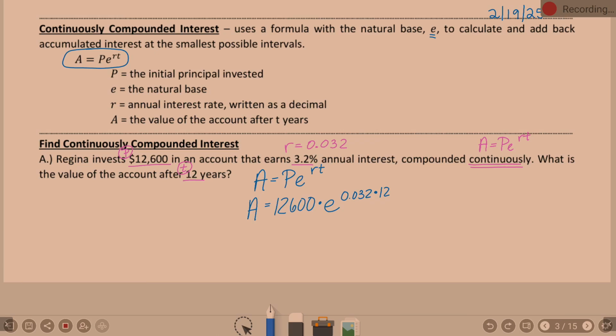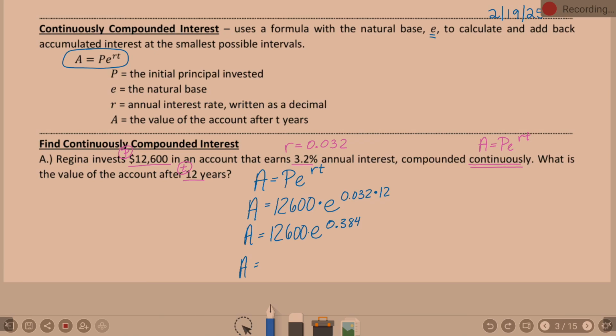My encouragement is going to be that you go ahead and multiply your exponent. Not saying you have to, but that's going to be my suggestion. So then it's 12,600 times E to the, what exponent do we now have? 0.384. Okay.